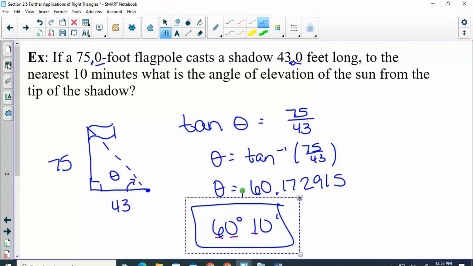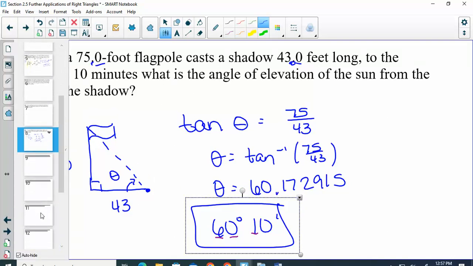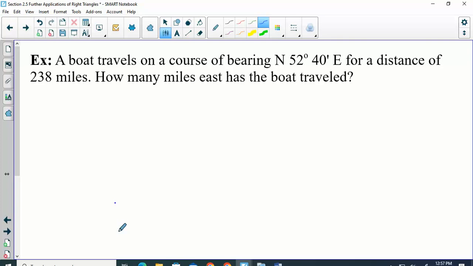I'm gonna keep jumping around. Let's go to this one. Okay, a boat travels on a course of bearing north 52 degrees 40 minutes east.